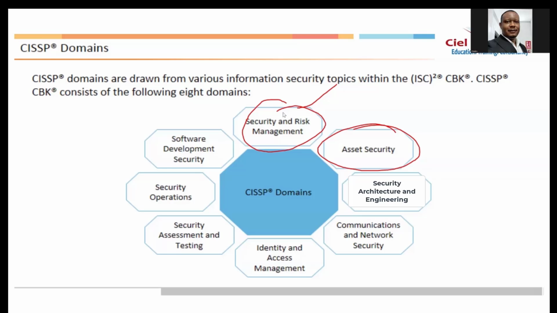Then the next domain that we're going to take a look at will now be security architecture and engineering. So security engineering is taken from the word engineering. You know, the engineering field, especially in civil, electrical, and mechanical, they've gone far in terms of being able to come up with measures to achieve a particular objective or result.